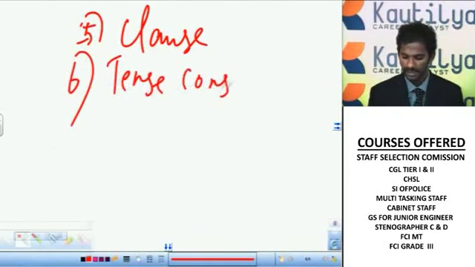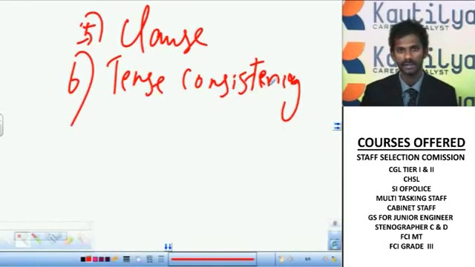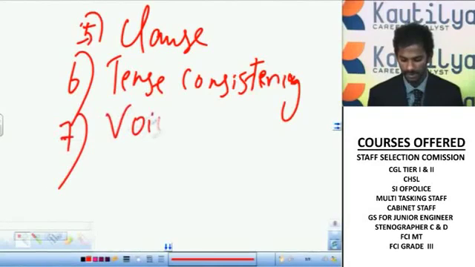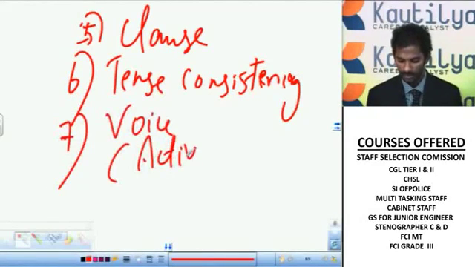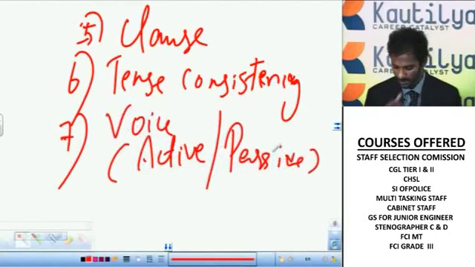We discussed tenses in detail, right? I told you the different situations where we need to use the different categories of tenses, right? We discussed in detail with examples. 6th concept is tense consistency, and the last concept is voice. Voice in the sense active voice or passive voice. I have told you about voice as well while doing tenses and while doing pronouns.